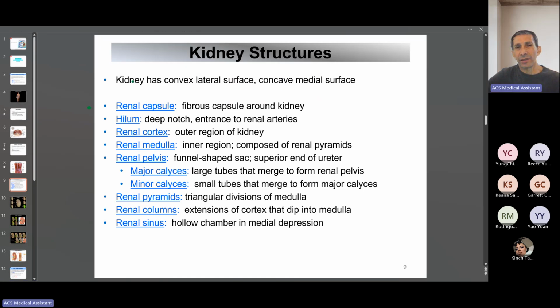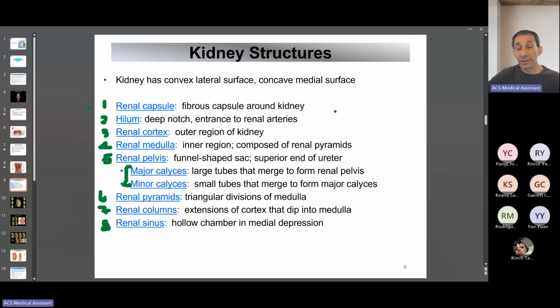So we have here 1, 2, 3, 4, 5, and this is subdivided in 2, and then we have 6, 7, and 8 structures.